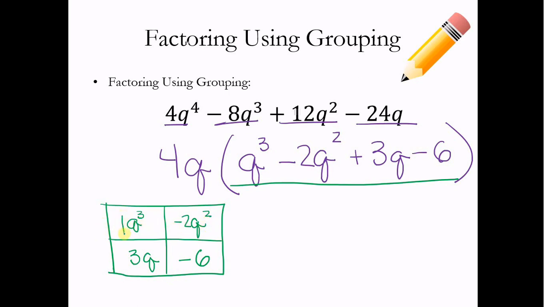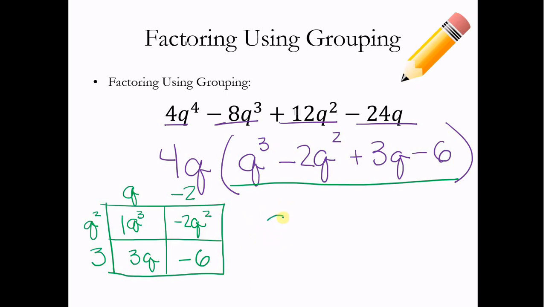Because this one has a 1. But I can take a q to the second out. Got one more q laying up there. q times what will give me 3q? It's a 3, right? 3 times something gives me negative 6. That's negative 2. Negative 2 times q squared is negative 2q squared.